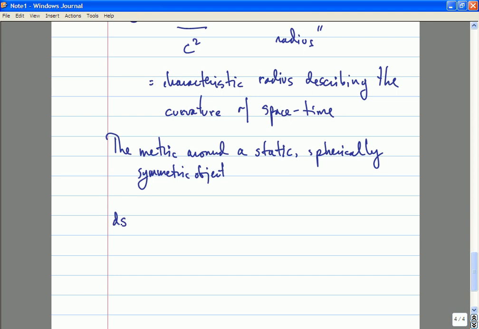So I'll just write down the formula for you without really deriving it, because that's something that is beyond the scope of this course.